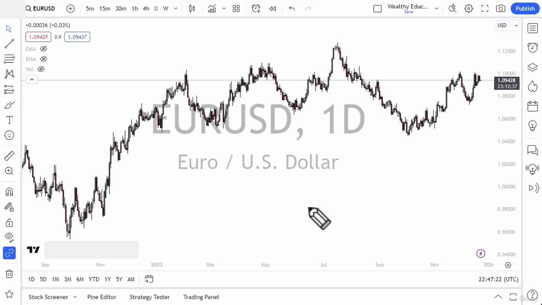Without going too headlong into the actual theory, I'll give you the quick and dirty 30,000 foot overview of what fibs are, and we can go from there. A guy named Fibonacci in the 12th century discovered that there were certain ratios, percentages, that nature repeated time and time again.